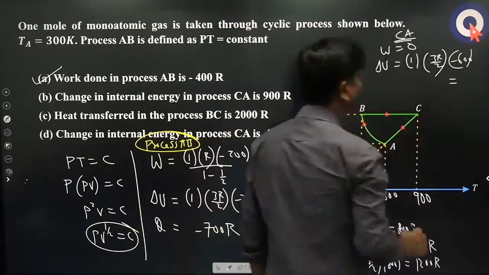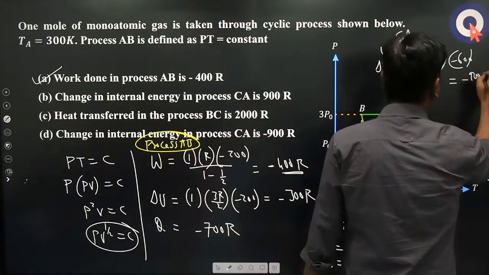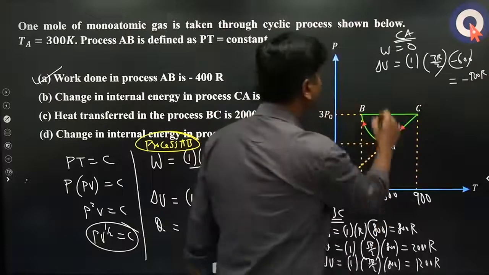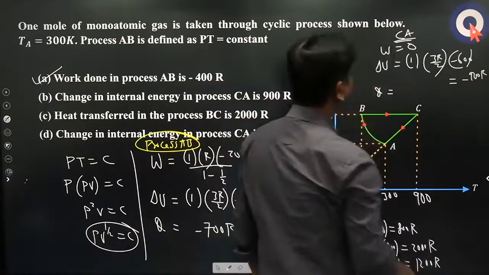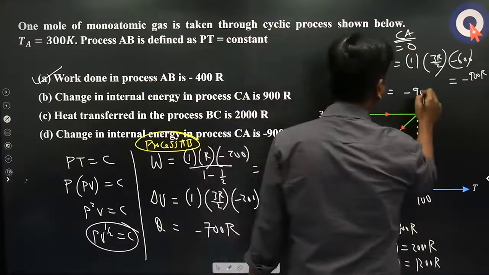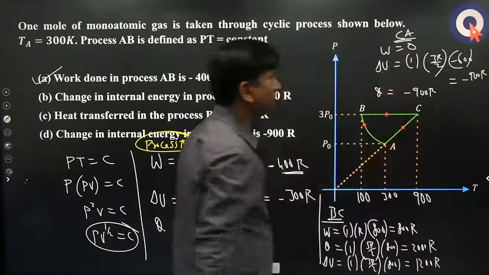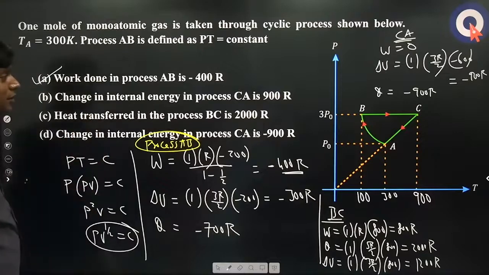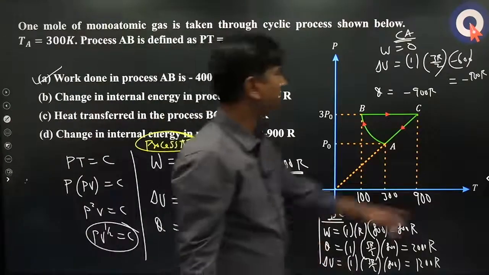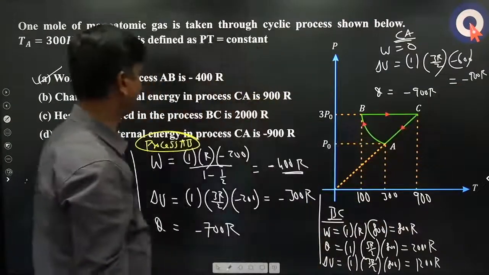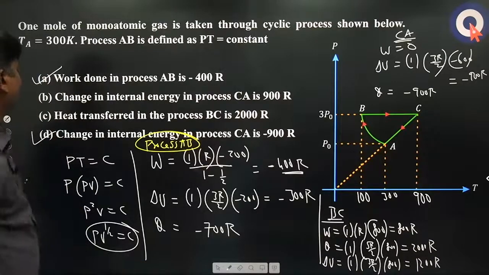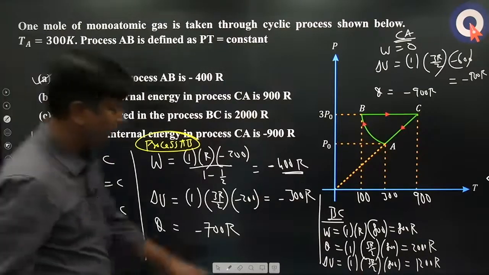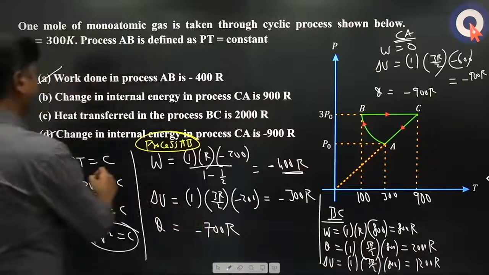So the value here is minus 900 R. Similarly Q is the same, minus 900 R, because Q equals ΔU plus W and work done is 0. Now let us check: change in internal energy in process CA is minus 900 R, and heat transferred in process BC, Q value is 2000 R.